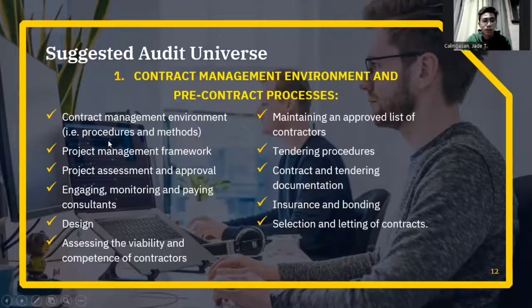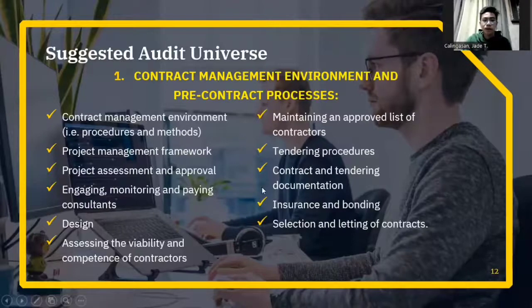Yung examples niya is yung procedures and methods, project management framework, project assessment and approval, engaging, monitoring, and paying consultants, design, assessing the viability and competence of contractors, maintaining an approved list of contractors, tendering procedures, contract and tendering documentation, insurance and bonding, and lastly is yung selection and letting of contracts.